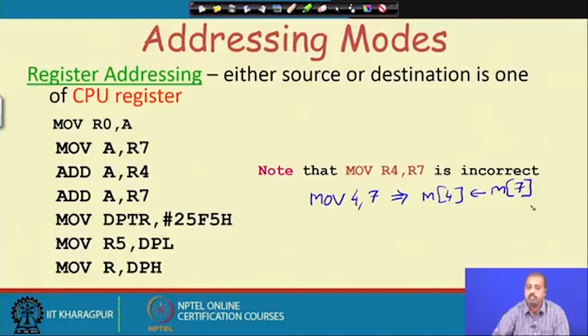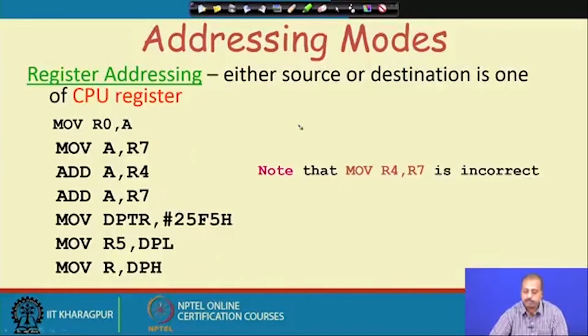Assuming the current register bank is bank 0, this transfers the content of register 7 to register 4. If you are using some other bank, we have to calculate these two memory location addresses appropriately and put those values. This way we can use register addressing for transferring values between the registers.